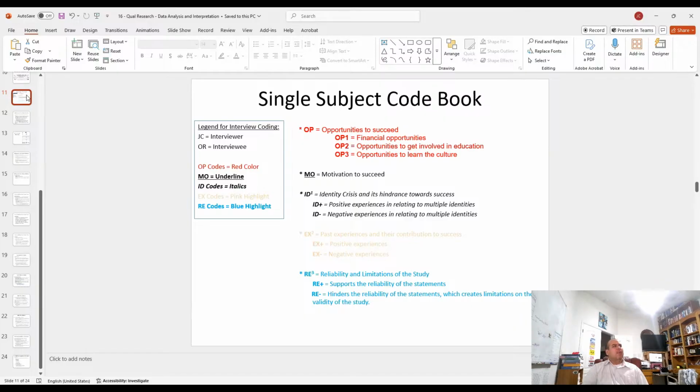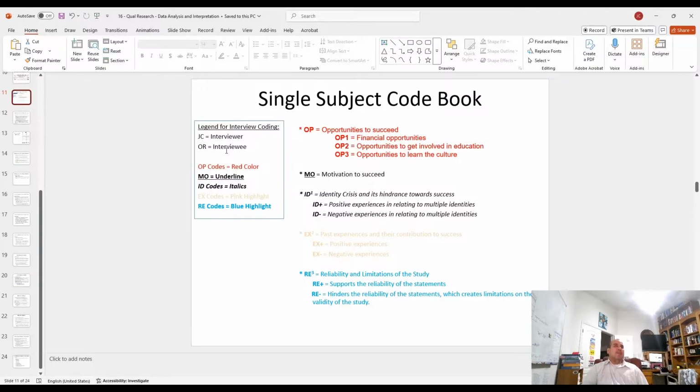This was an attempt to create a code book for a project that I did back when I was a graduate student at Ohio State University, a code book for a single subject, an individual. Here, if you see the legend, JC, that's me. OR, I can't remember what her name was. Ophelia Ramirez, I think, if I recall correctly.